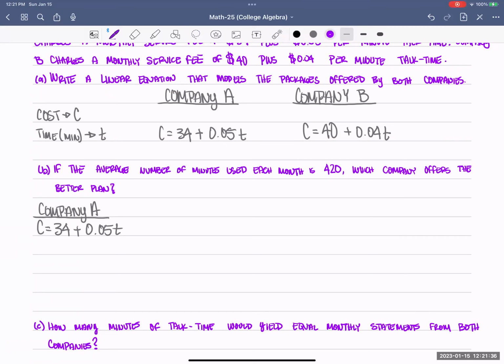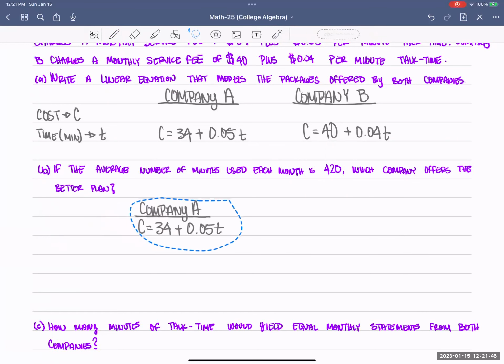Here they told us that the time is going to be 420. So for both of these, T is equal to 420. So we're just plugging in 420 for T. C is equal to 34 plus 0.05 times our 420.